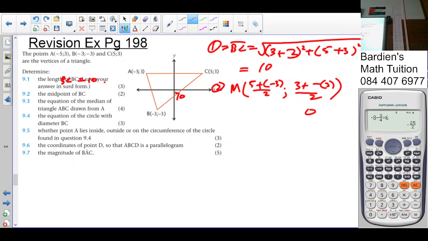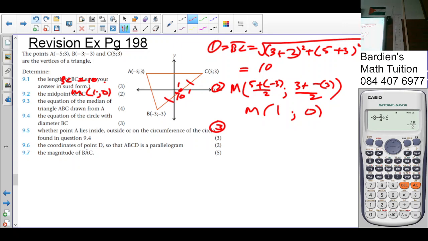That's going to give you 2 over 2, which is 1, and 0. So 1 and 0. That's your midpoint. Okay, all okay with that? Somebody must just follow, eh? So if I make a mistake, you can just stop me. So the midpoint there is going to be 1 and 0.